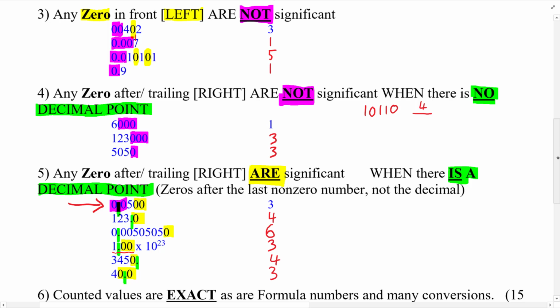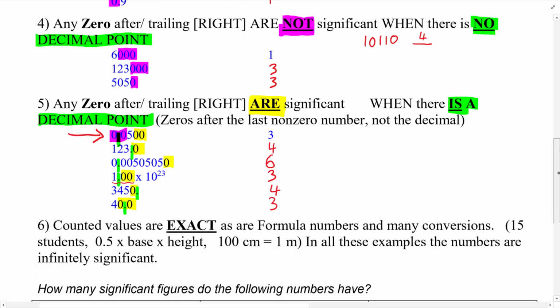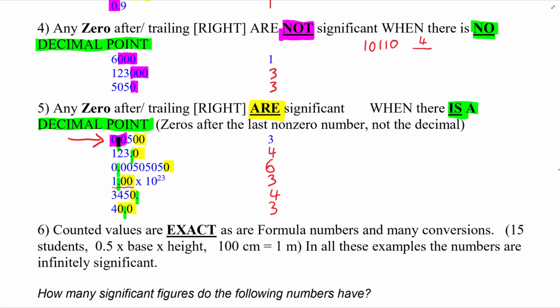What other types of numbers are there? There are numbers that are exact. That's our 6th one. And how do you tell an exact one? Well, an exact one are when you count them. Okay? When you count, you might not be correct on your counting, but when you count, there are 35 chairs in my room.